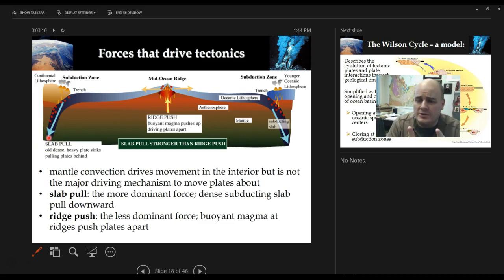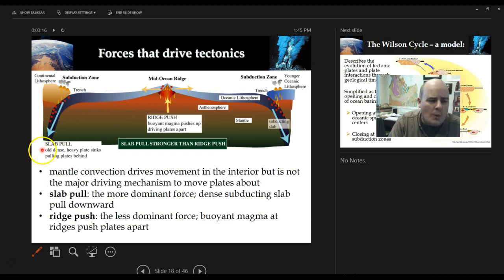Whereas in the Atlantic Ocean, there is no trench on either side, and therefore it's only being forced by the ridge push. So moving slow here in the Atlantic, fast in the Pacific, because it has these subducting slabs. So in the Pacific you have mid-ocean ridges, sorry, the divergent boundary, and the convergent boundaries. But in the Atlantic, you only have convergent boundaries in certain places, and in our neck of the woods in North Carolina, we don't have a subducting slab on one side.